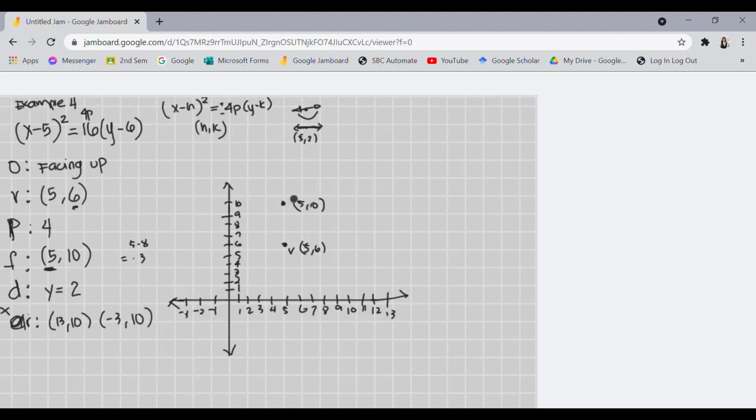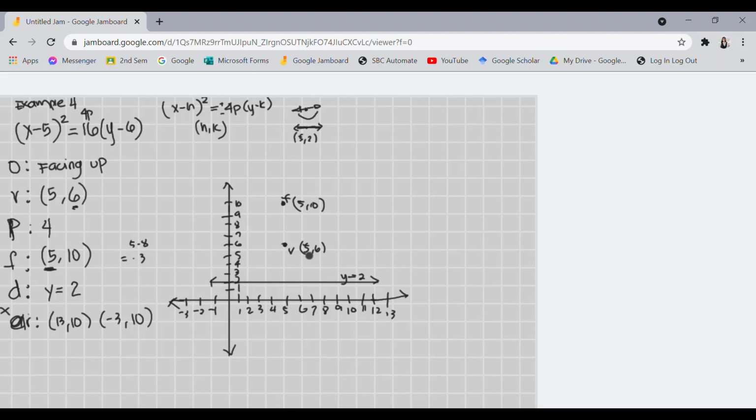This is now our focus. And then from the vertex going down, that is 4 units again. That gives us 1, 2, 3, 4. It will pass through this point. This is now your directrix. This has the equation y equals 2 since it passes through 2.